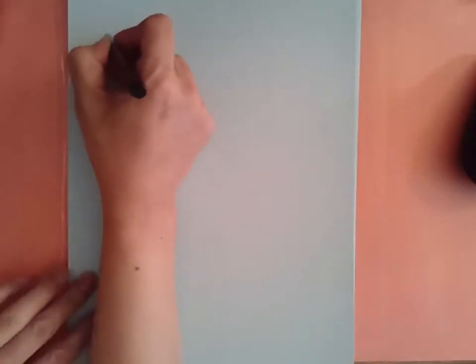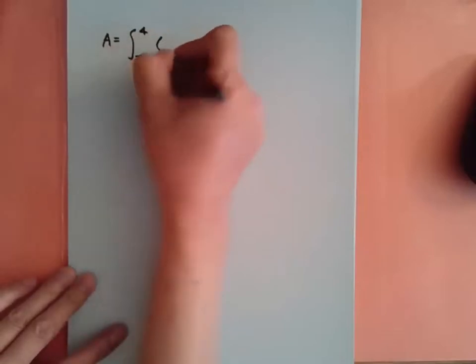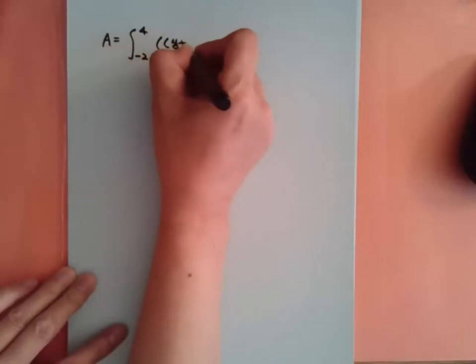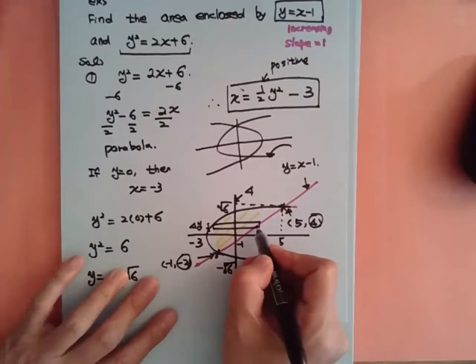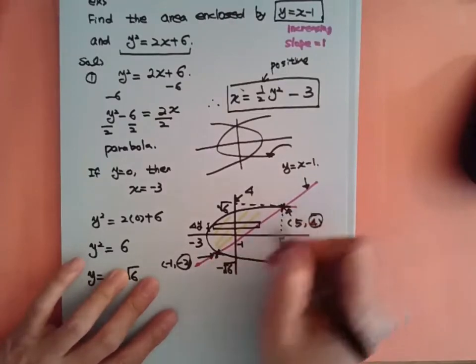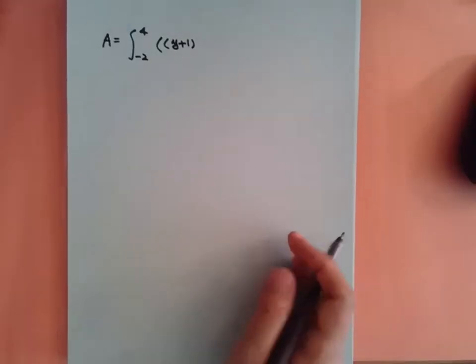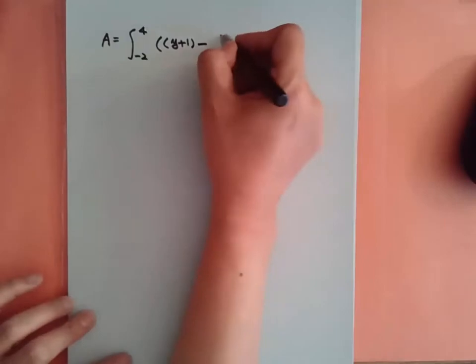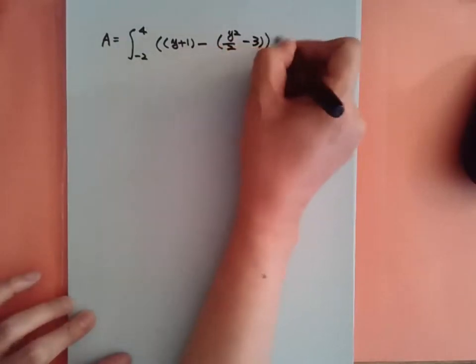So area A is the integral from minus 2 to 4. In this region, the x value of this red graph is larger than the black graph. That means this straight line, y plus 1, is larger than the parabola. So straight line minus parabola, y squared over 2 minus 3, dy.